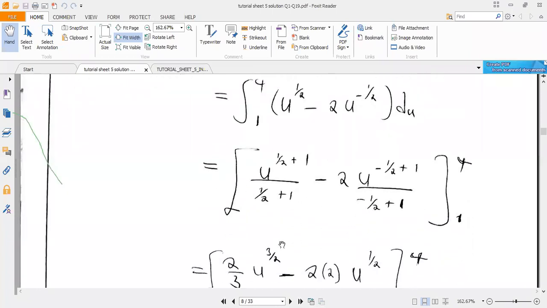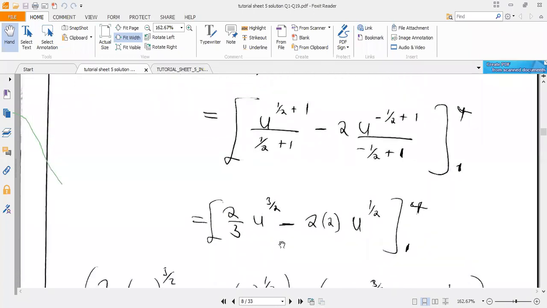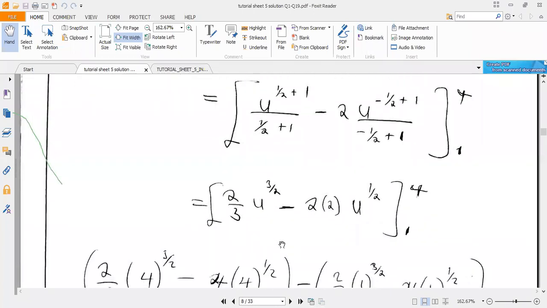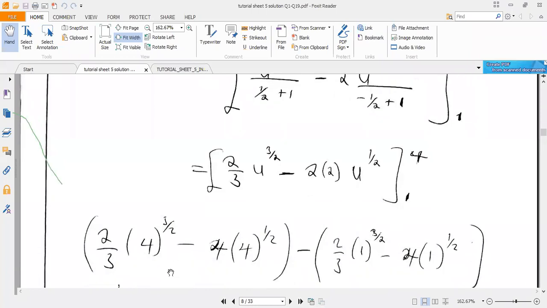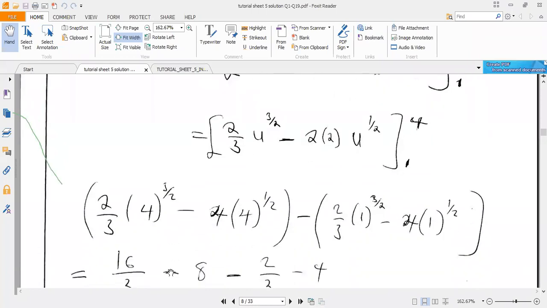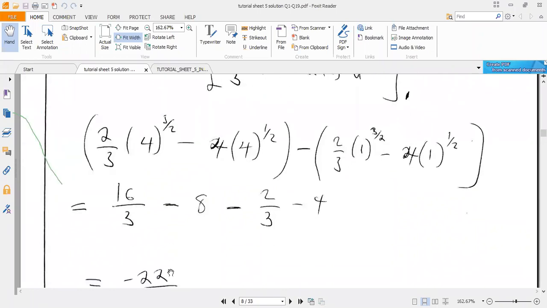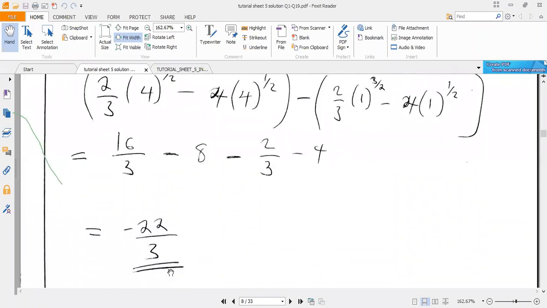The final answer will now come out as 2 over 3 u to the 3 over 2 minus 2 times 2 u to the half, with 1 to 4 as our points of integration. When you plug them in during your free time, be sure to find your final answer as negative 22 over 3.